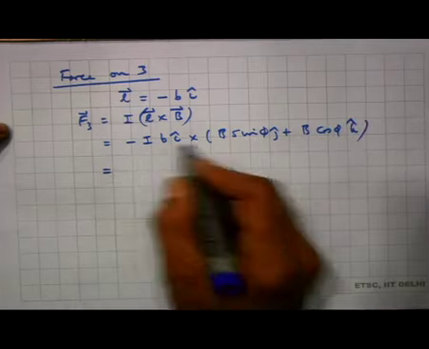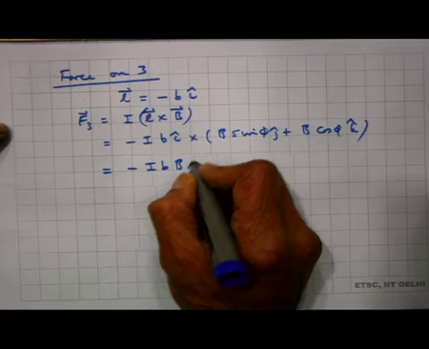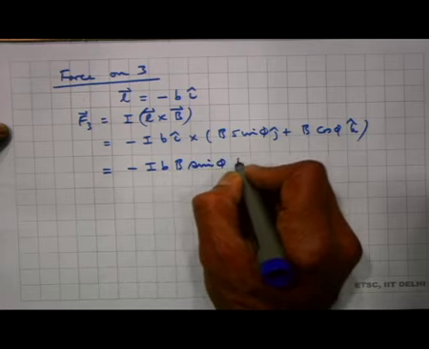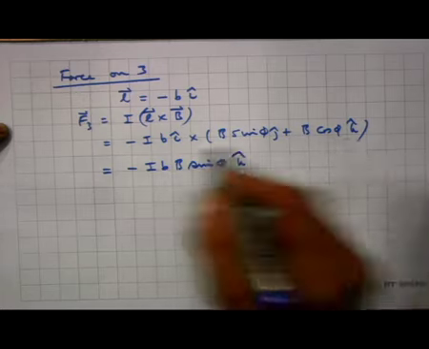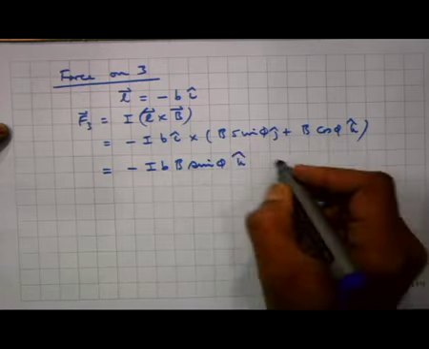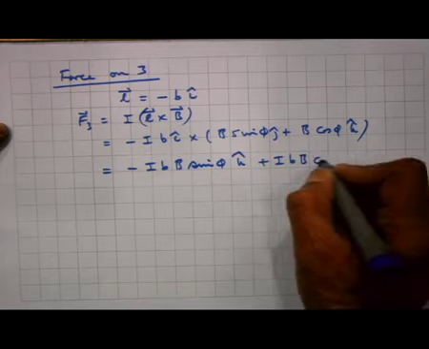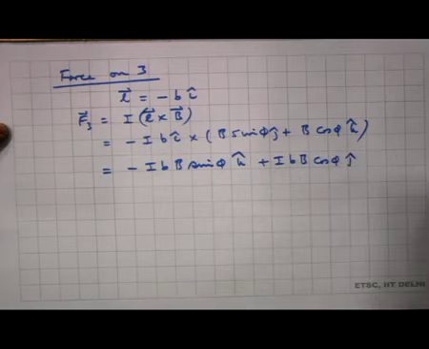Now, i cap cross j cap is k cap, so minus I b B sin phi k cap, and minus I b B cos phi times i cap cross k cap, which is minus j cap, so plus I b B cos phi j cap.